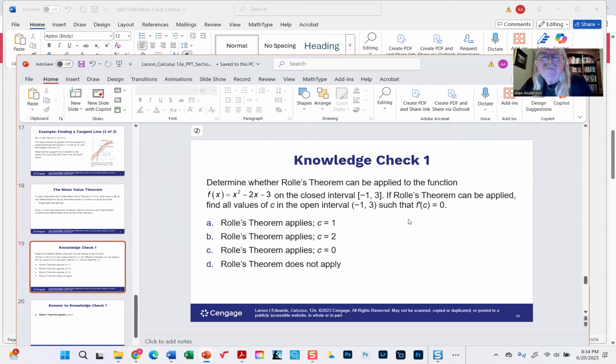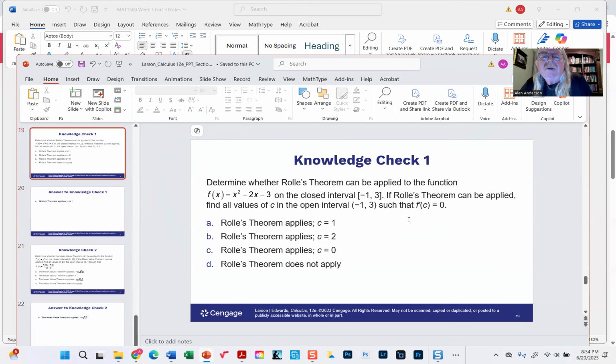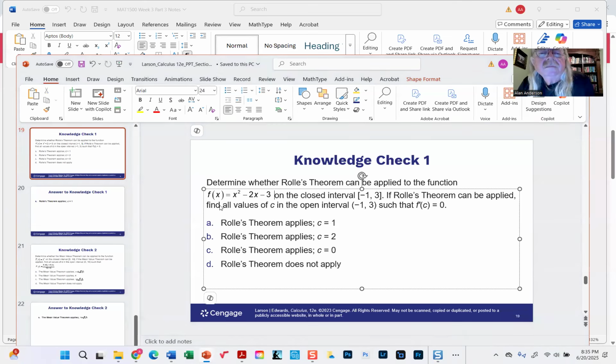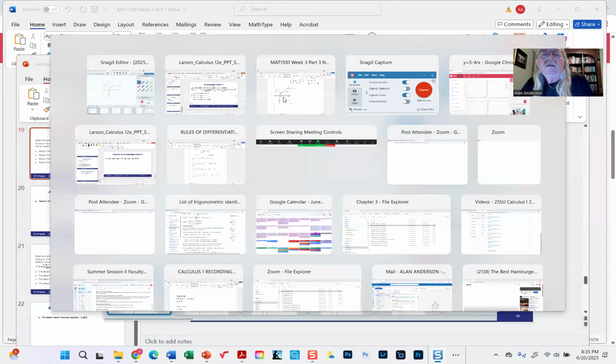So they want to close this out by asking us if Rolle's theorem can be applied. Here's the function.